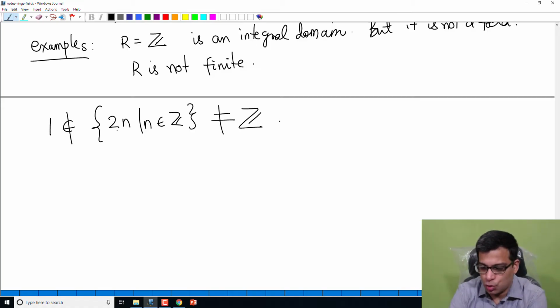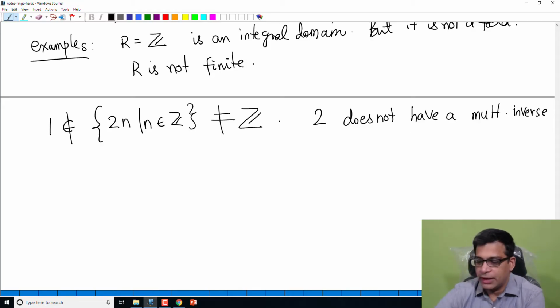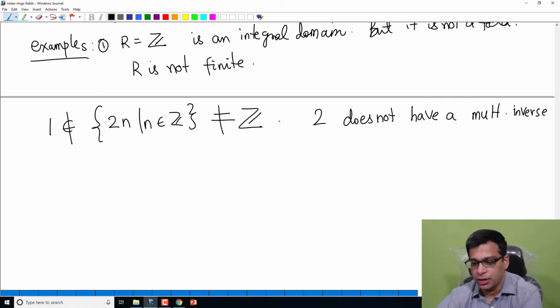So in other words, 2 does not have a multiplicative inverse. So the previous argument is critically dependent on the fact that R is finite. So if you have an infinite integral domain, it need not be a field.